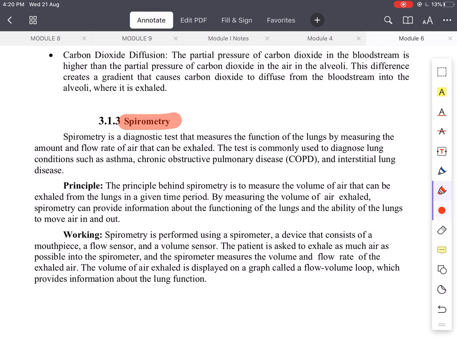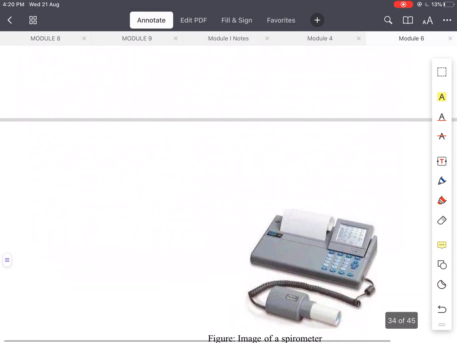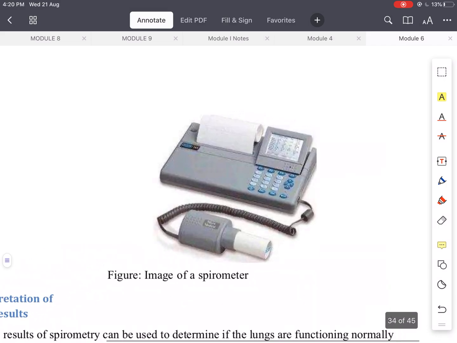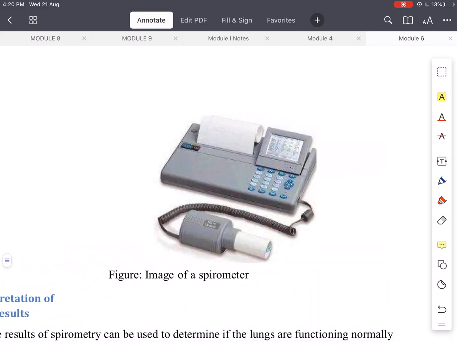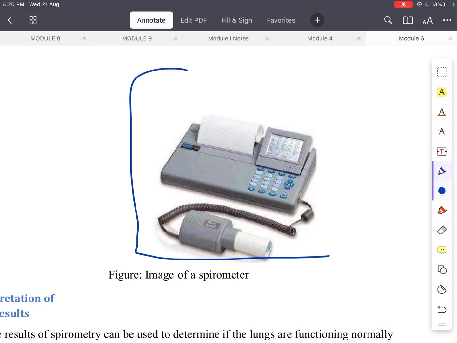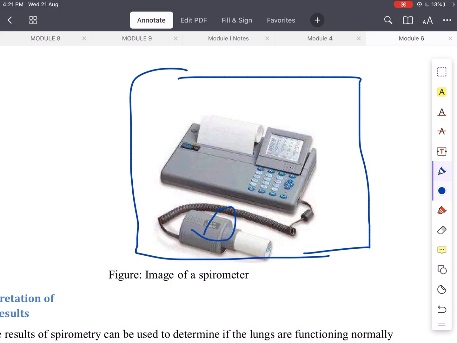The person is asked to inhale. A mouthpiece is kept in the mouth, and the person is then asked to exhale. This measures the amount of air that is caught in the mouthpiece. This volume is measured and given as a reading. Later the physicians do the diagnosis based on this content. So this is about spirometry.